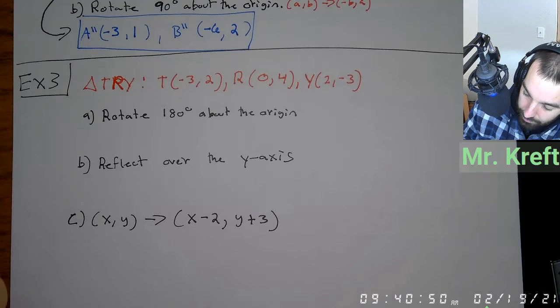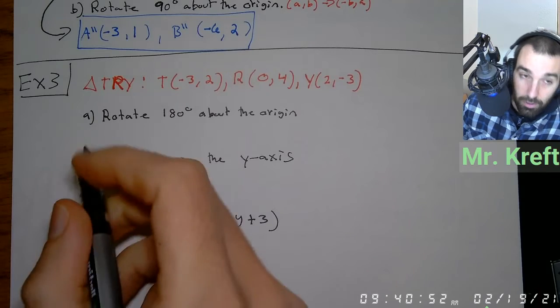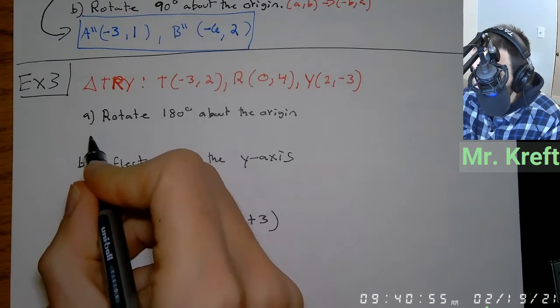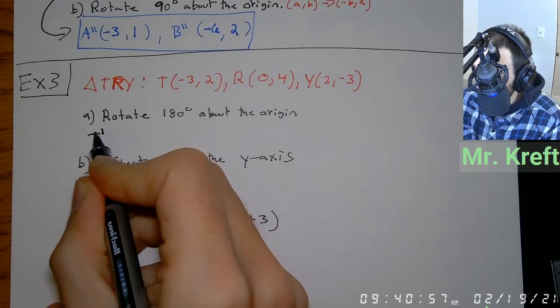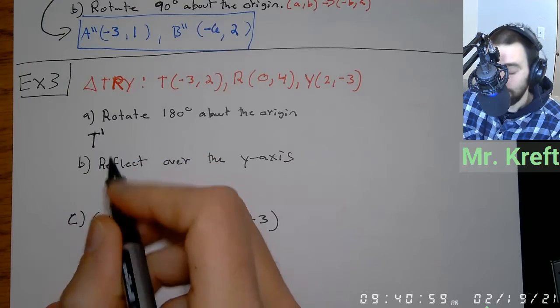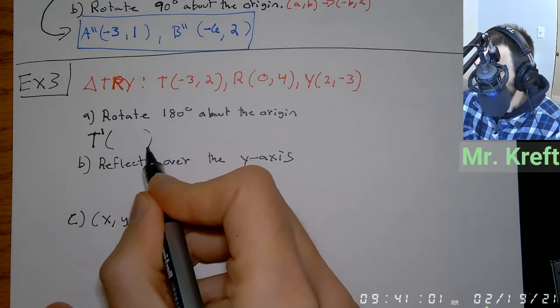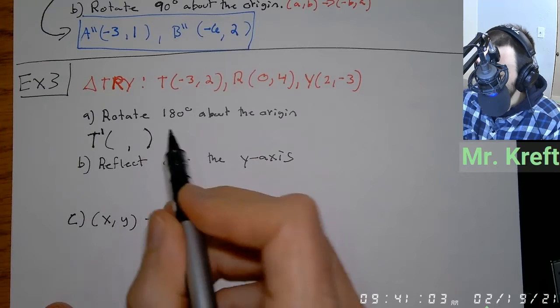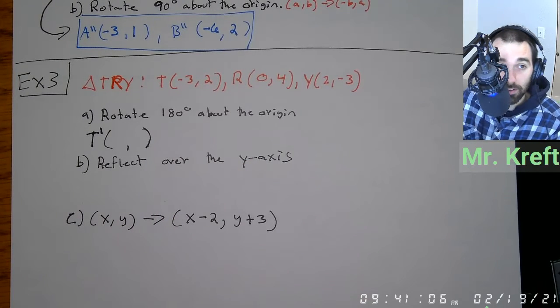Let's do this together. For this next one, I'm going to call this prime, because it's our first transformation. So I'm going to do t prime. This says rotate 180 degrees.